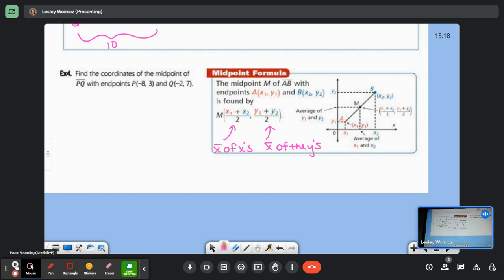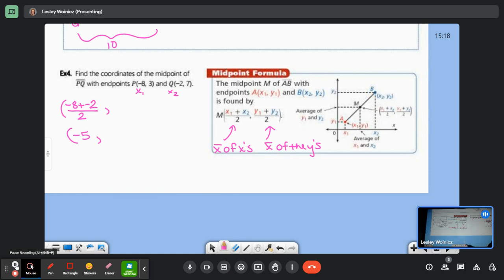So I take my two x coordinates and I add them together. So -8 plus -2 and divide by 2. Oh gosh, I keep doing that. What do you get? Okay, because it's -10 divided by 2, right? Okay.